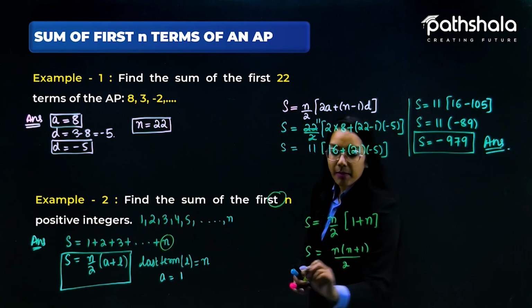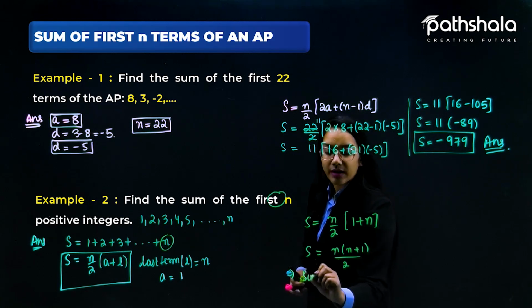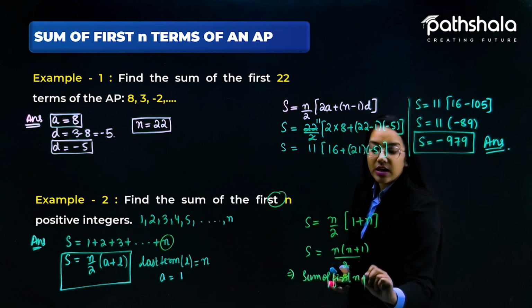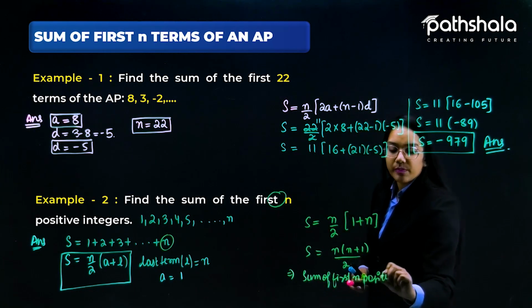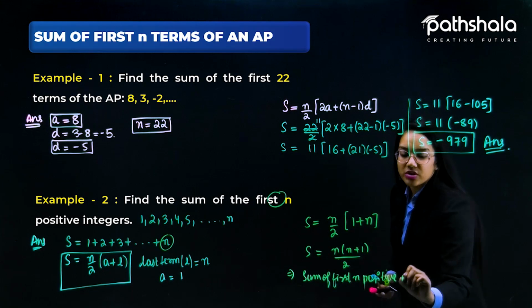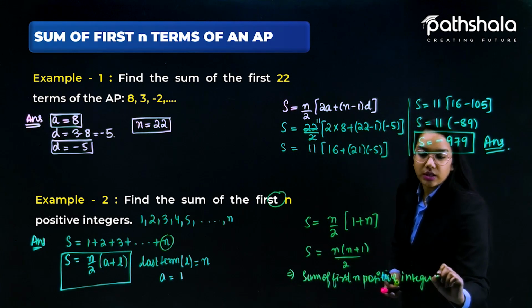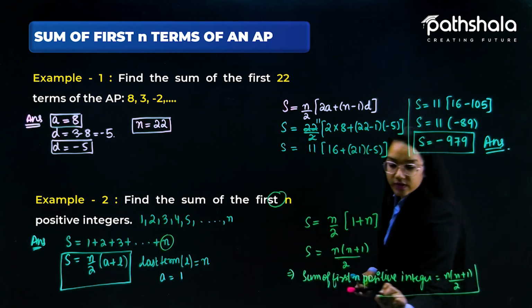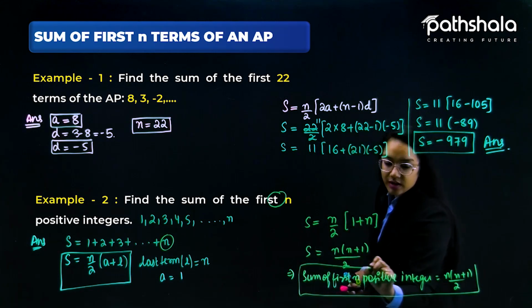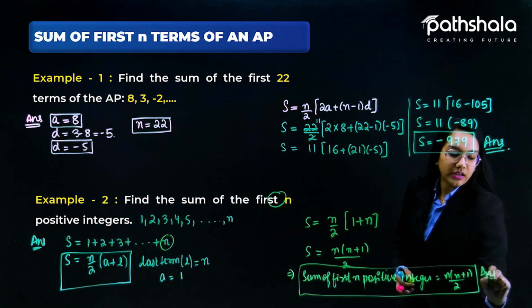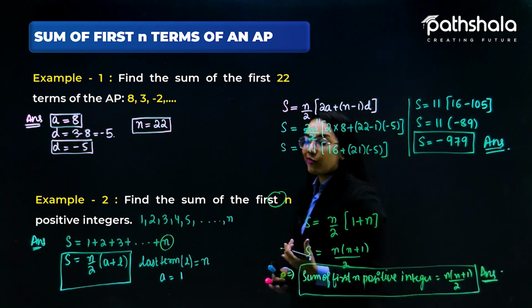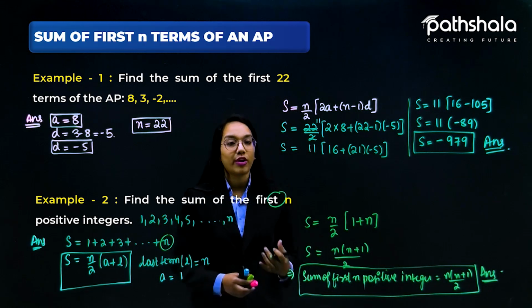Always remember that the sum of the first n positive integers is n into n plus 1 by 2. This is the general case. Always remember this, and we have calculated it using the formula for the sum of the first n terms of an arithmetic progression.